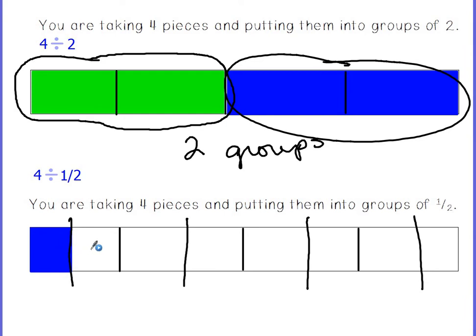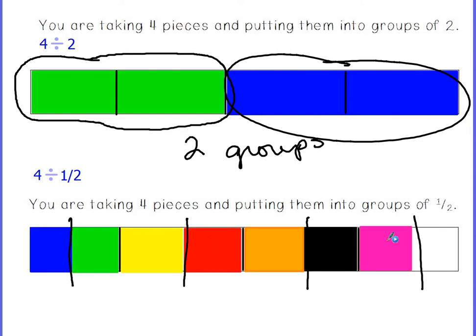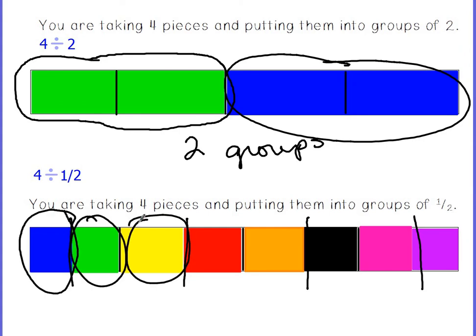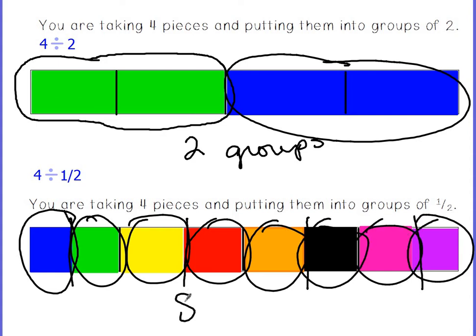So there's 1 group, 2 groups, 3 groups, 4 groups, 5 groups, 6 groups, 7 groups, and 8 groups. Okay, because I'm taking them and putting them into groups of 1/2. So I only want half of a piece, and that will give me a full group. So again, here's 1, 2, 3, 4, 5, 6, 7, 8 groups of 1/2. So 4 divided by 2 and 4 divided by 1/2 are completely different things. Especially looking at our answers, that can tell you that.